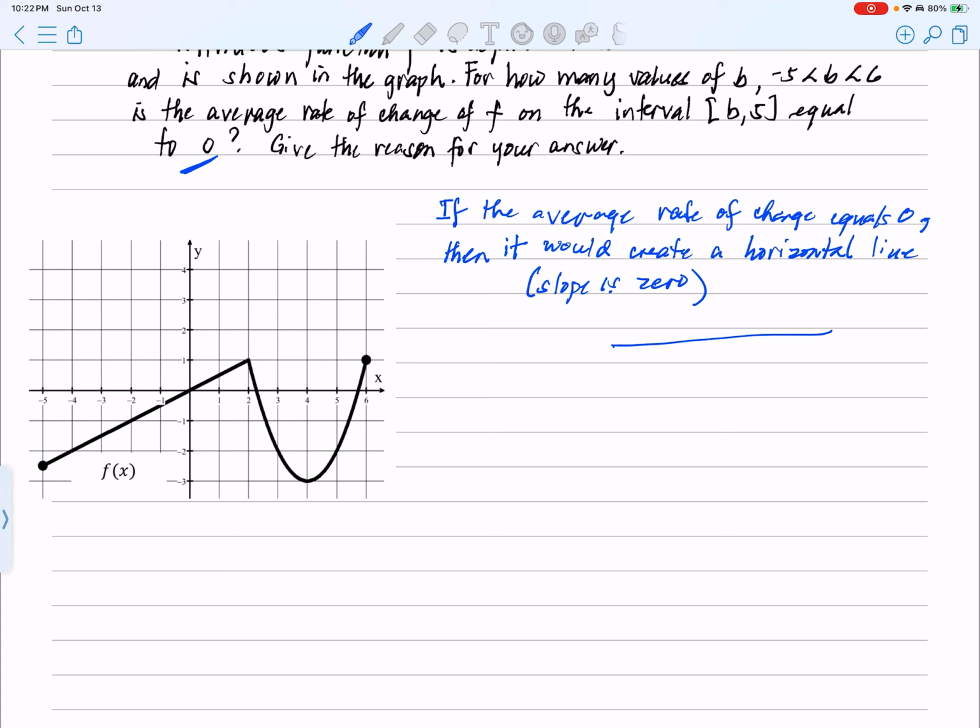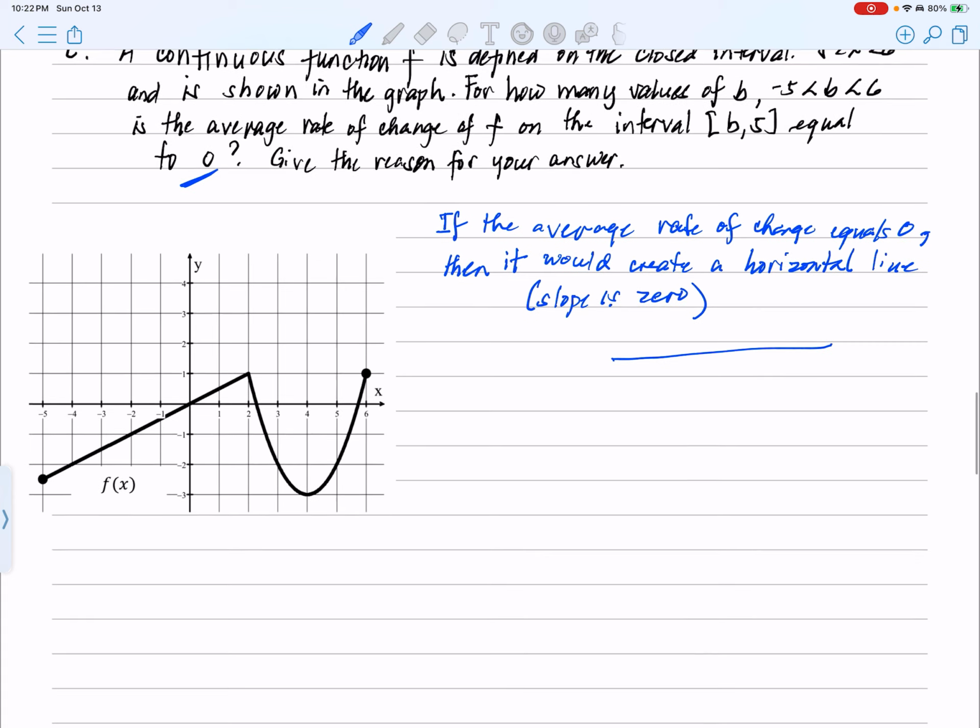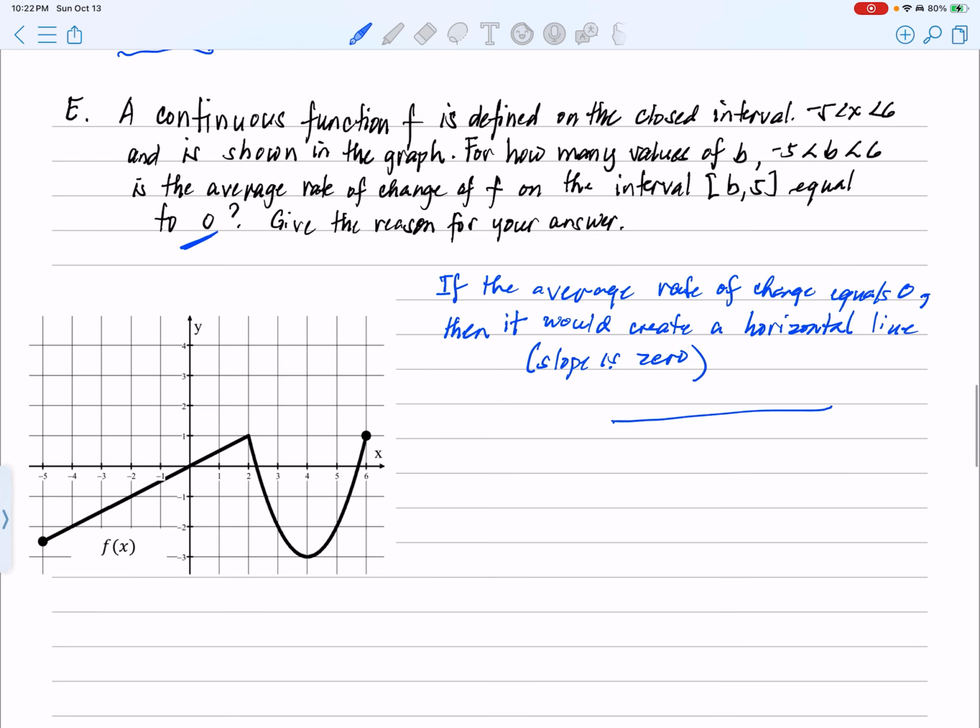So let's look at the graph. I'm looking at the graph. This is 5.